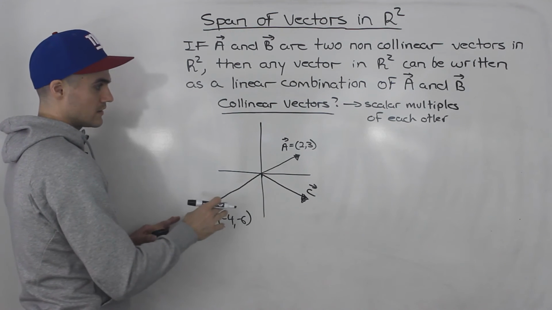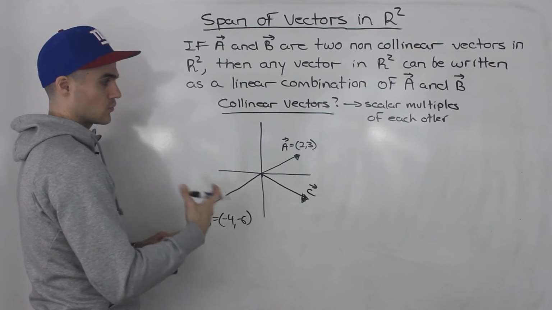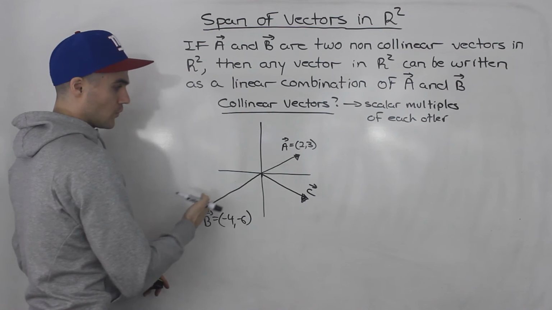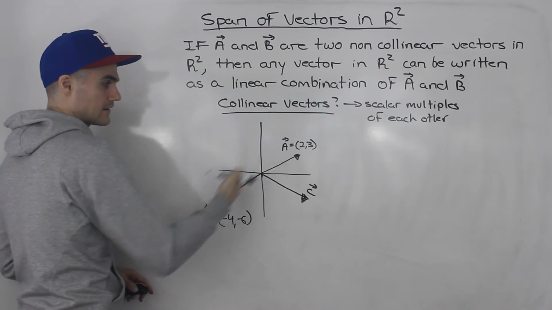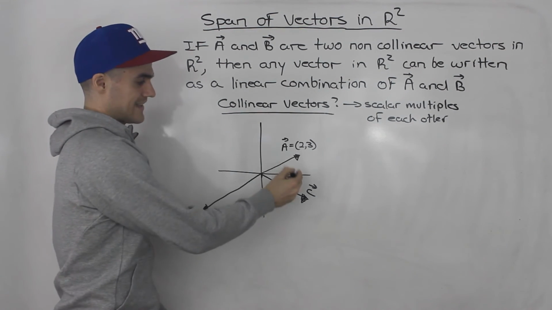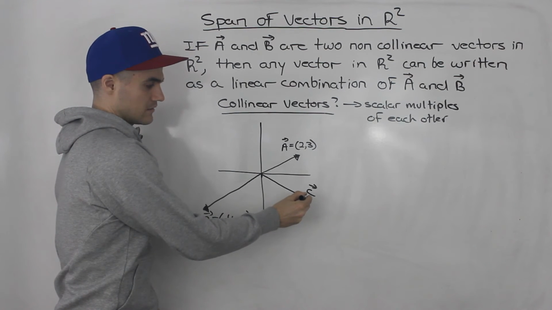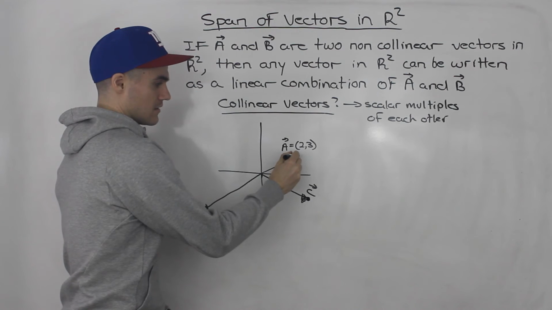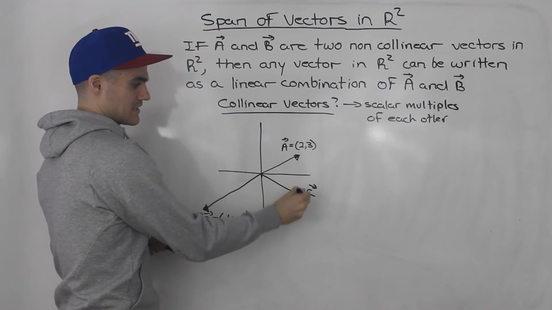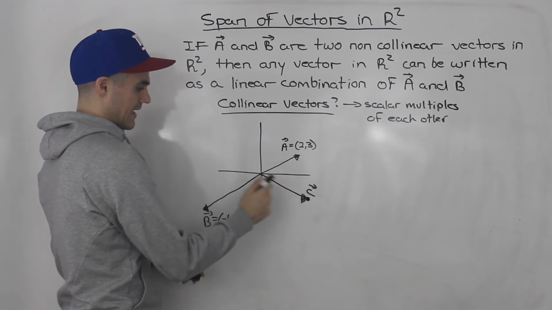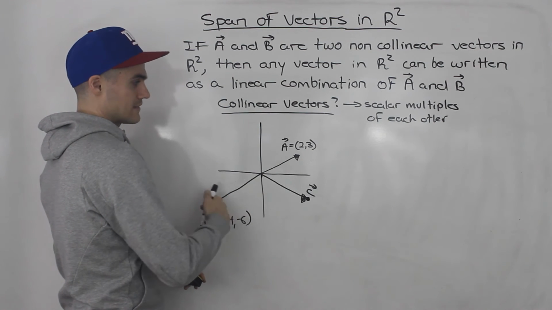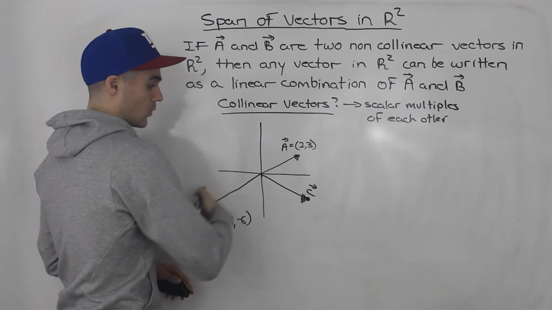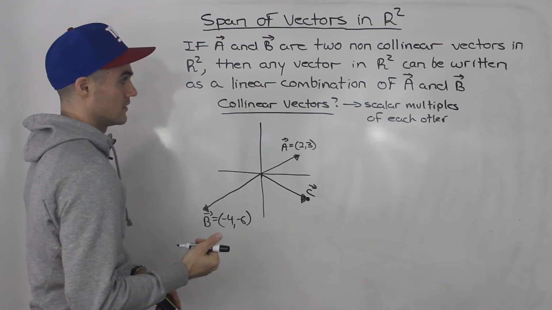Because no matter what constants or what scalars we multiply A and B by, they are always going to be on this line here. So we're never going to be able to get to the head of vector C. So we can maybe take vector A, but how would we add vector B to get over here? We can't, because it's going in the same line as A, whether in the same direction or the opposite direction.